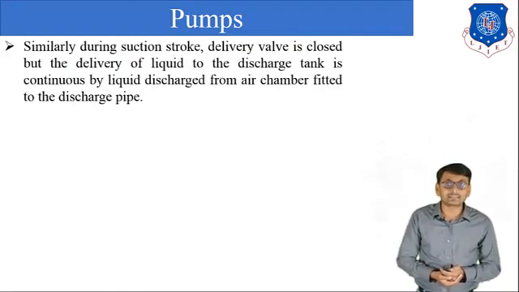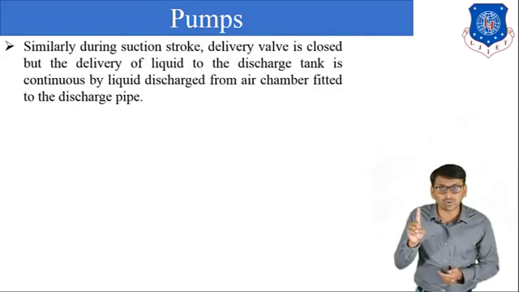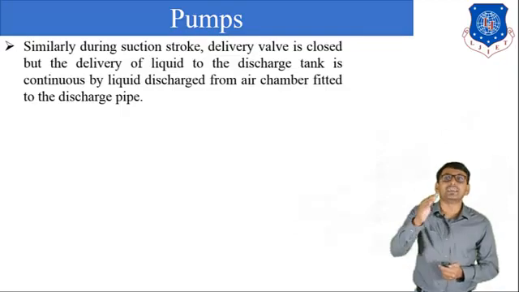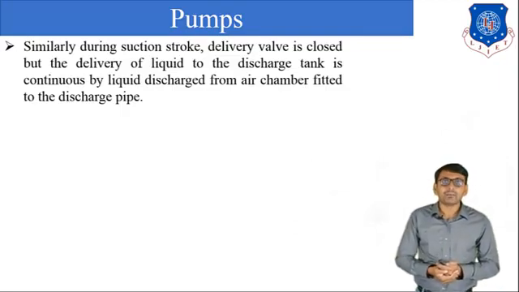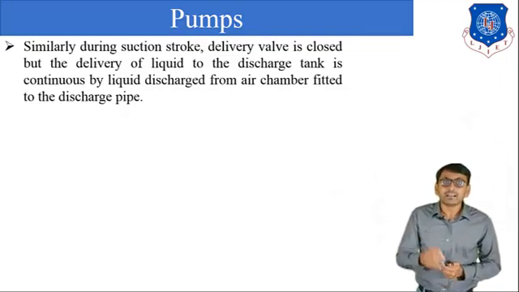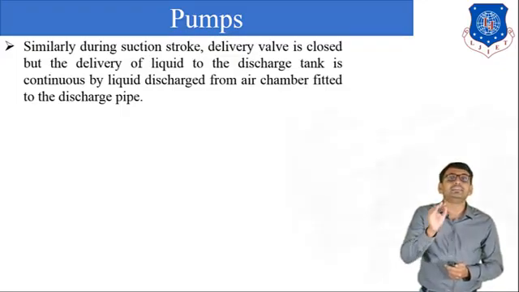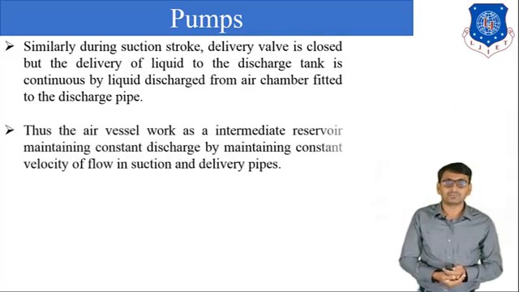Similarly, during the suction stroke, that is the first stroke, the delivery valve is closed, but delivery of liquid to the discharge tank is continuous by liquid discharged from the air chamber fitted to the discharge pipe.